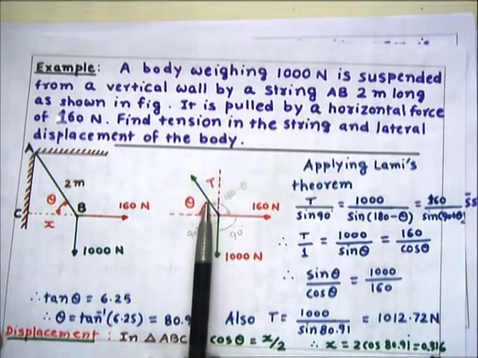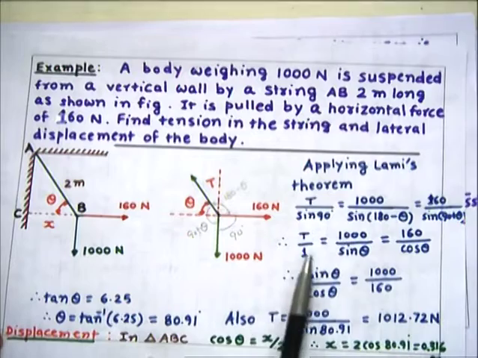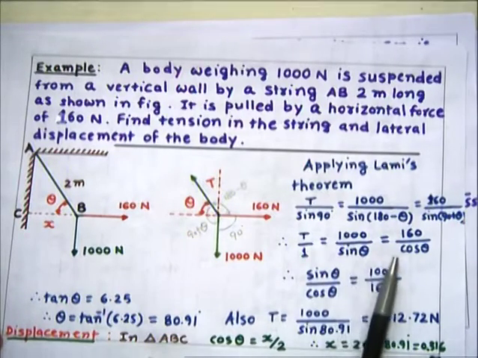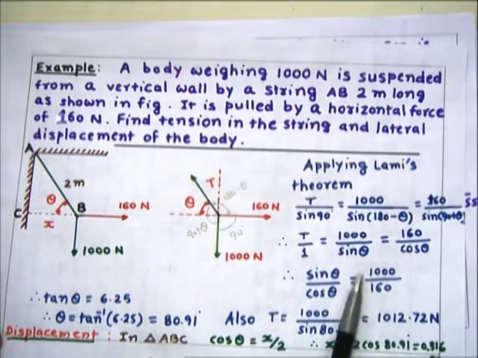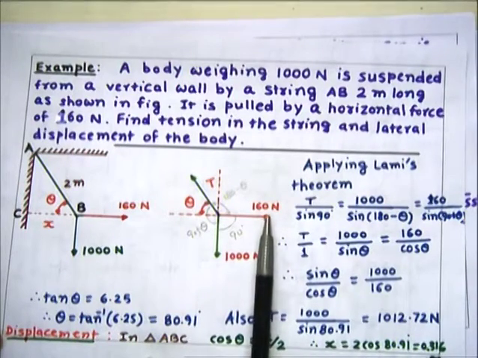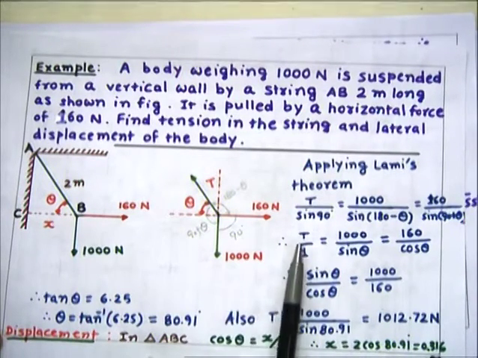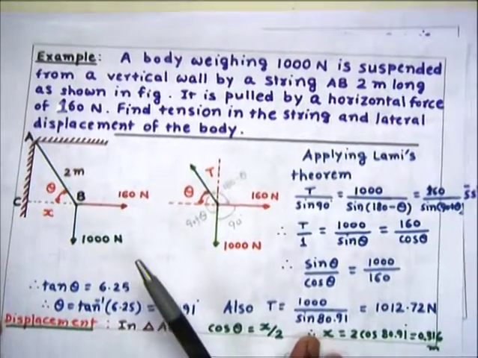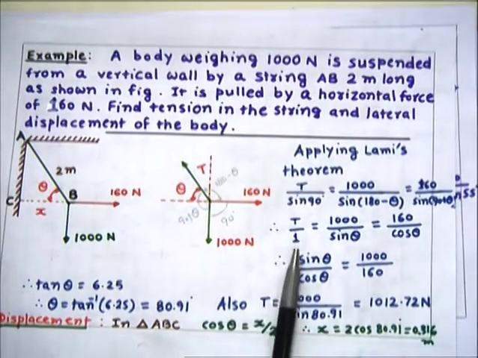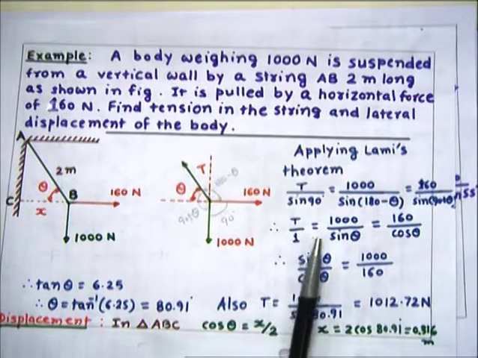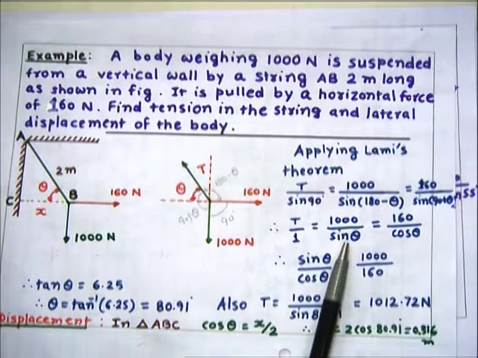So this angle can be calculated using Lamy's theorem, because two forces are known, so the unknown angle theta we can find using Lamy's theorem. Then for finding tension, we can put that theta which is determined here.